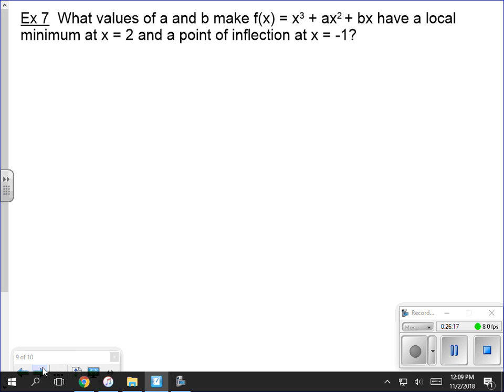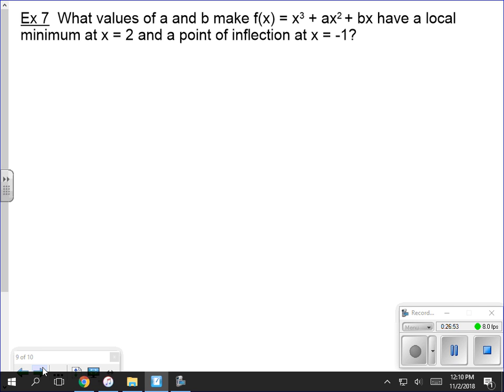This one's a little different, but it fits in with what we're doing. This is a straight up AP question as well. What values of A and B have a local minimum at x equals 2 and a point of inflection at x equals -1? How do we find maximums and minimums? Where the derivative is equal to 0. How do we find points of inflections?